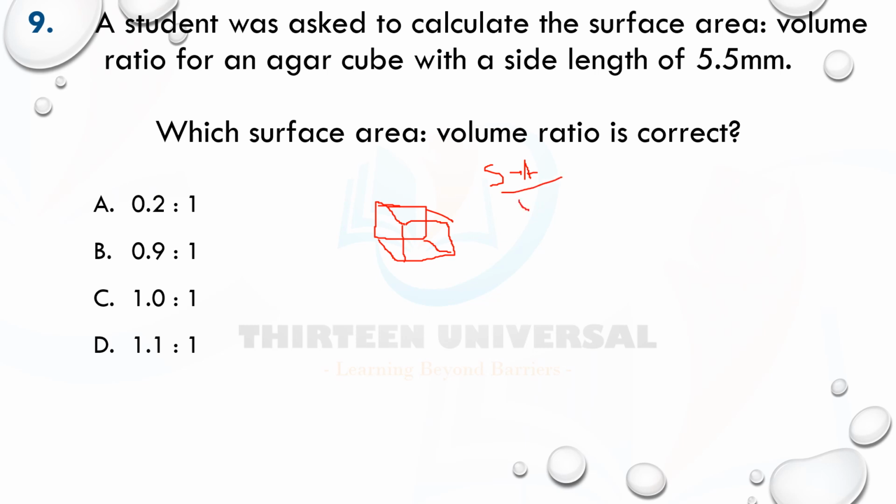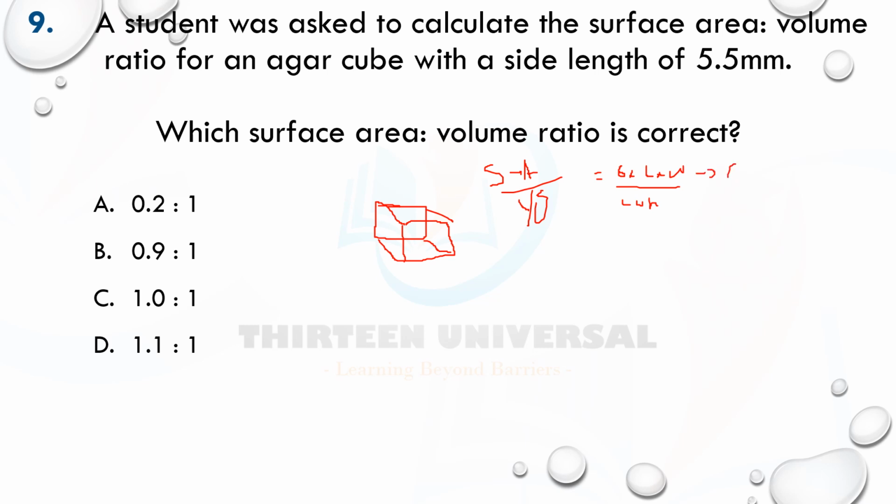The volume of the cube is length times width times height. We're looking at total surface area. So this is the length times width, right? But we have 6 surfaces, right? So that means 6 times length times width. We have 6 surfaces, so surface area, all over the volume, which is length times width times height.